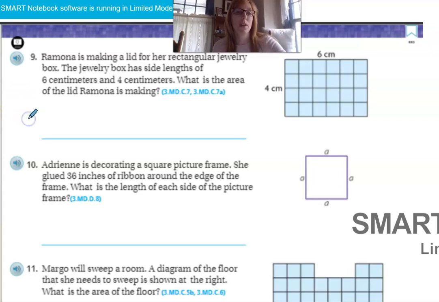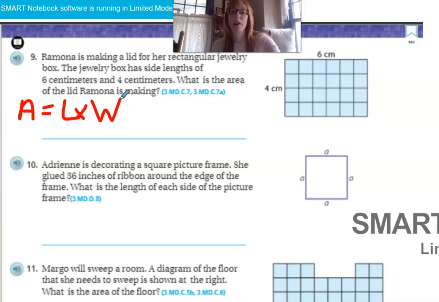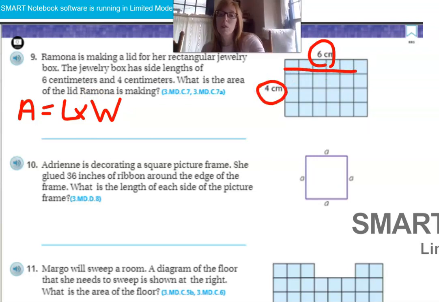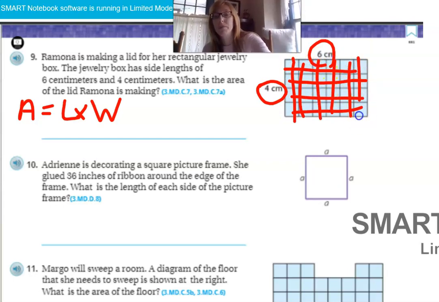So if we write down the formula, area equals length times width, and we see that this is 6 and this is 4. So that means there are 4 rows of 6, or there are 6 rows of 4. However you look at that, you know that there are equal groups, so we can multiply.